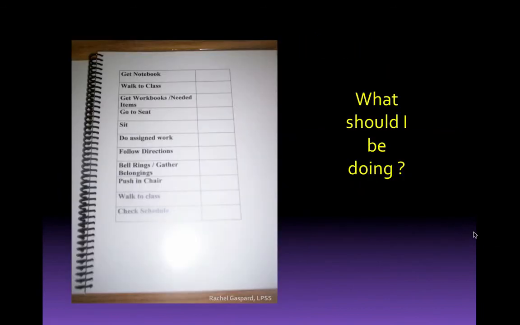And then they have a little outline inside their book as to what they should be doing inside their specific classes, right down to walking to class, going to your seat, and when the bell rings, gather belongings and walk to the next class and check the class schedule there.